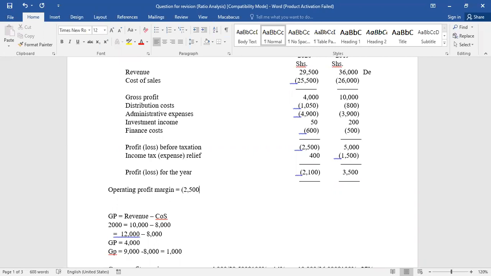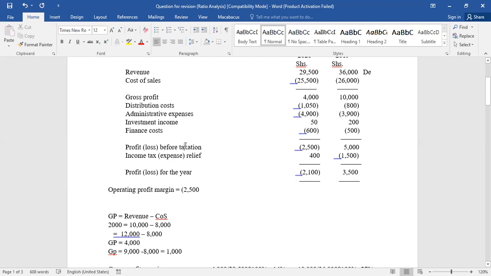Okay, and then you are removing the interest. Now the interest is the finance cost. This finance cost is the interest. Now how we remove it is, for expenses, we add them back. For incomes, we subtract them. The reason is because an expense will reduce the profit.